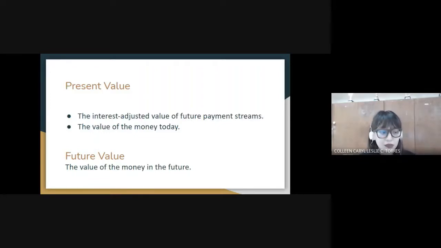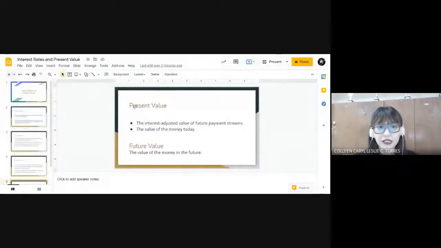So that would be the present value. If we were to put 4,545 pesos into, I'll just use the PowerPoint as a visual aid. So just to reiterate that point, class.